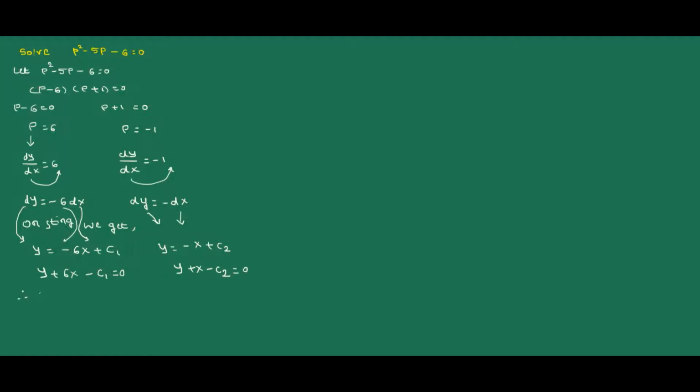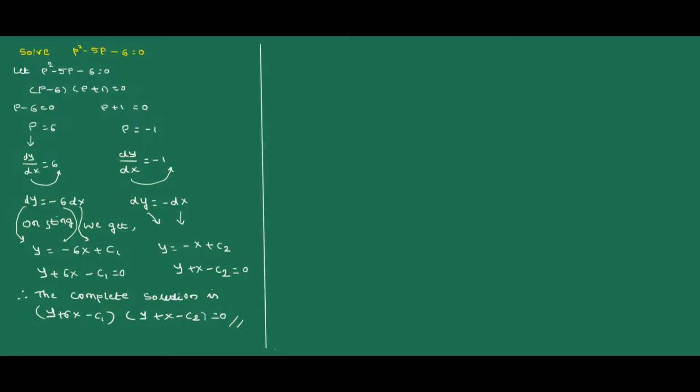Therefore, the complete solution is (y minus 6x minus c1)(y plus x minus c2) is equal to 0, which is the required solution.